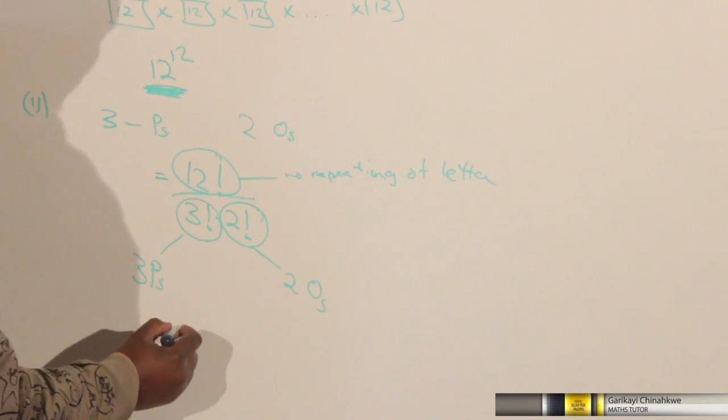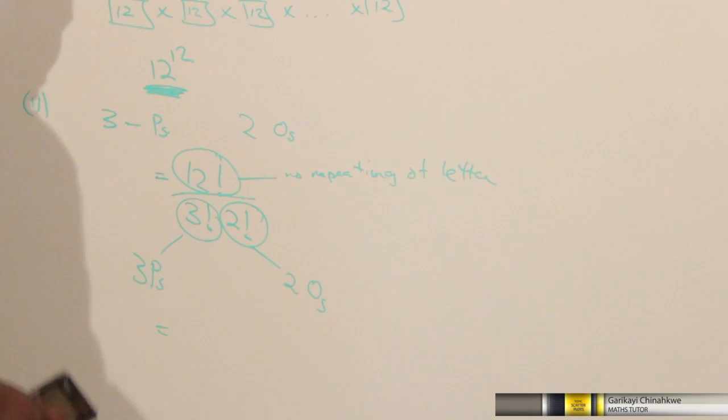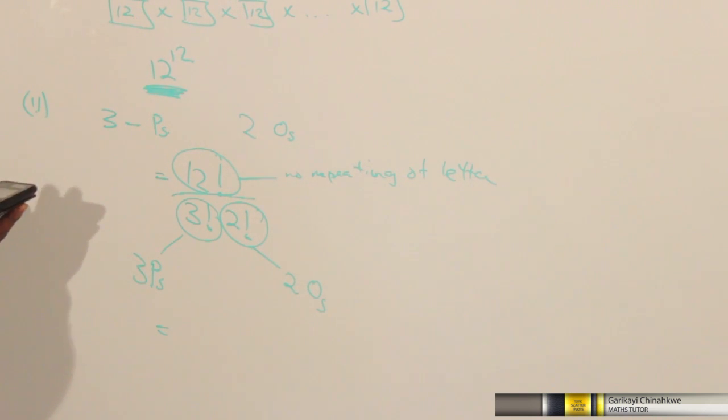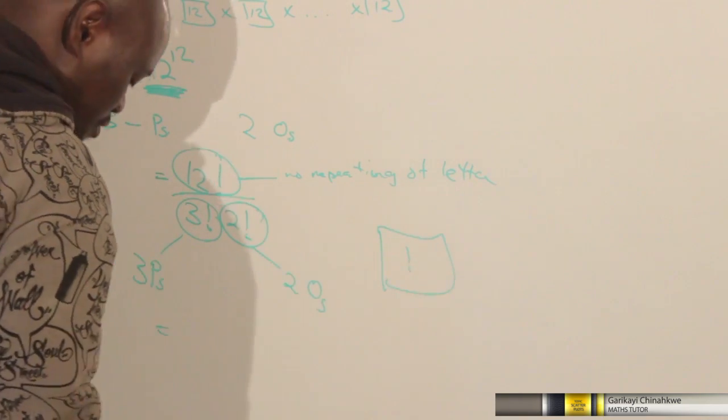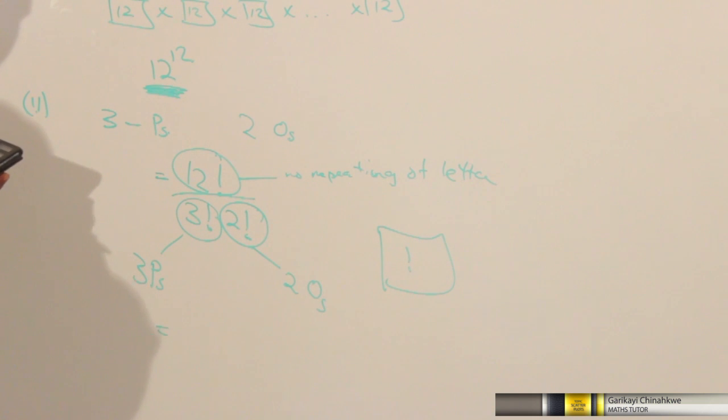Then you use a calculator. On your calculator there's a sign like this, which is the factorial, so you're going to say 12 factorial over 3 factorial multiplied by 2 factorial.